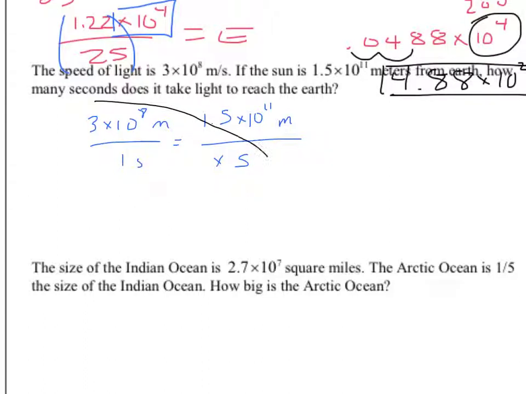When I cross multiply, that gives me 3 times 10 to the 8th x is equal to 1.5 times 10 to the 11th. How do I solve for x?